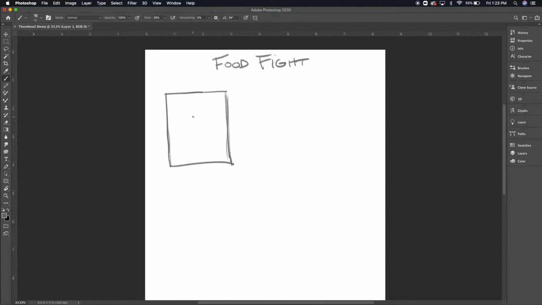It's good to have your design bound by something so that you can see what it would look like on a page. So the first thing I think of is the classic elementary school. We're going to have tables here, maybe a table over here in the foreground, and over here we have this kid that's standing up on his chair and he's throwing something at this kid over here.